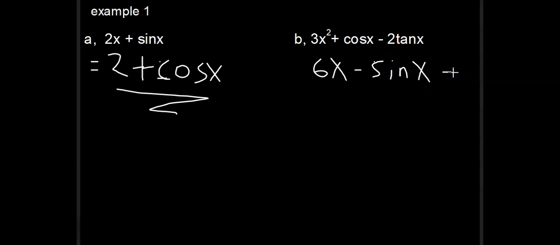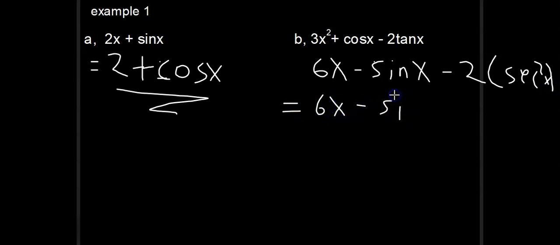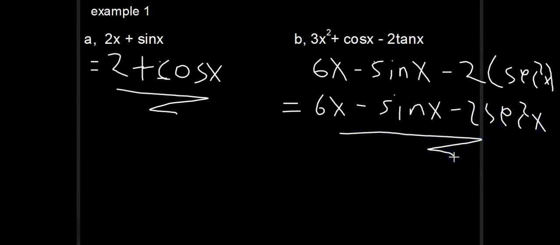And minus 2 times the derivative of tan x, which is all the time sec squared x. So my last answer will be 6x minus sin x minus 2 sec squared x.